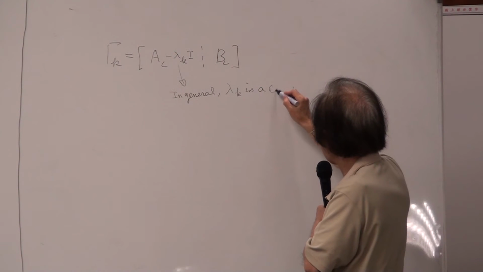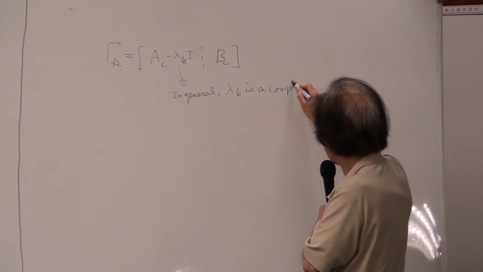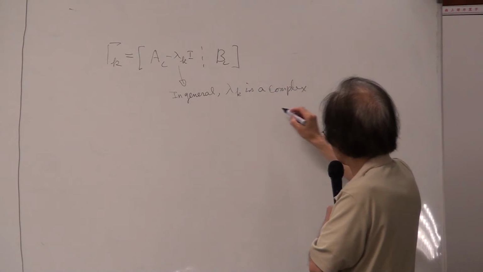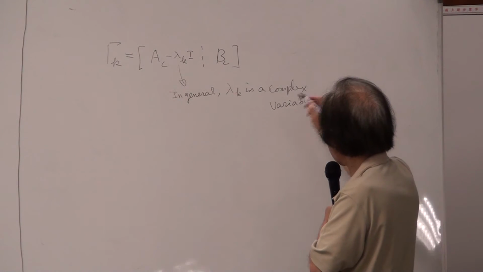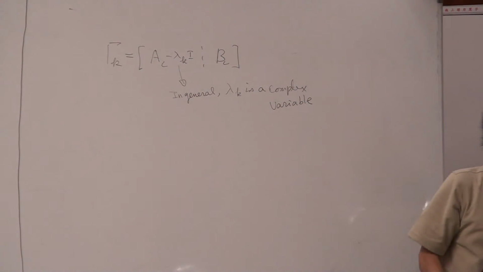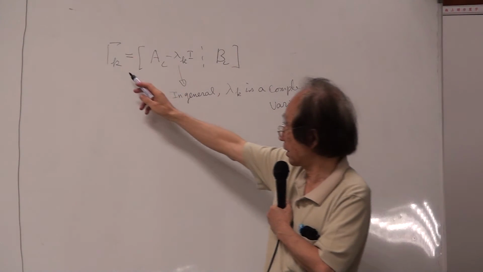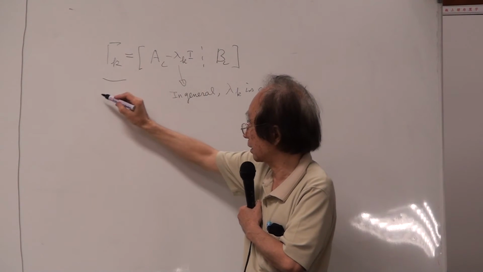It's a complex variable or complex value. So this gamma k is a complex matrix.